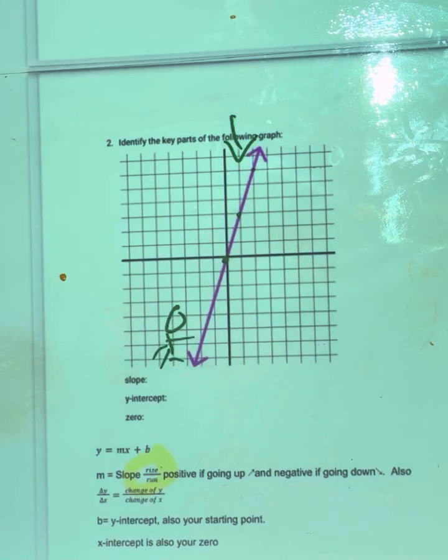How many are we rising? 3, right? And so we're rising 3 and over how many? 1. So if we go up 3, over 1, up 3 again, and over 1, we should hit the line. We should hit their point. If we don't, then it's wrong.